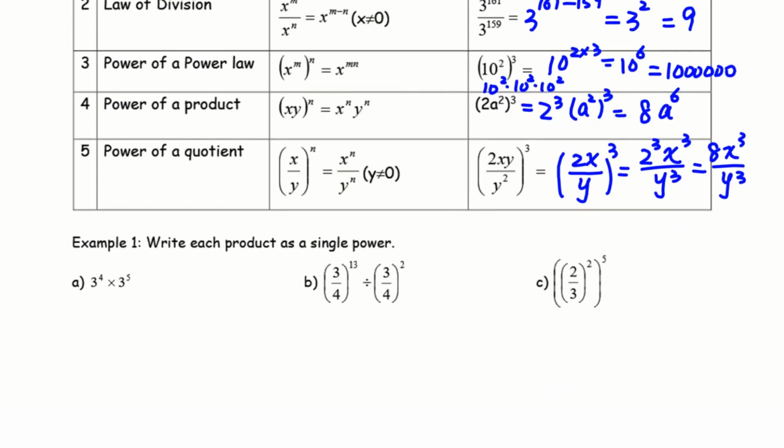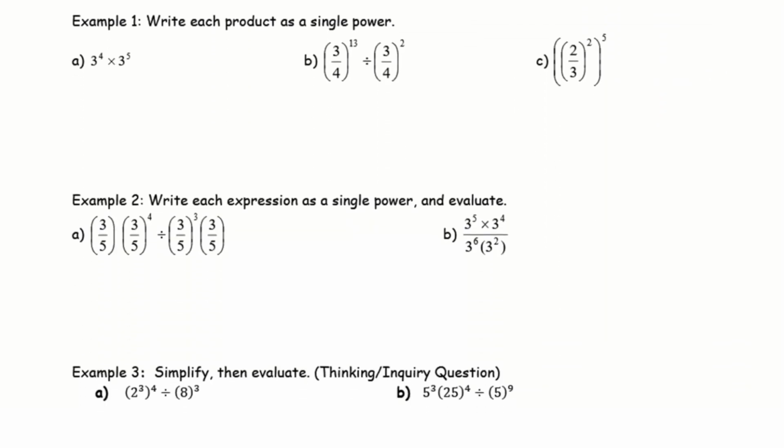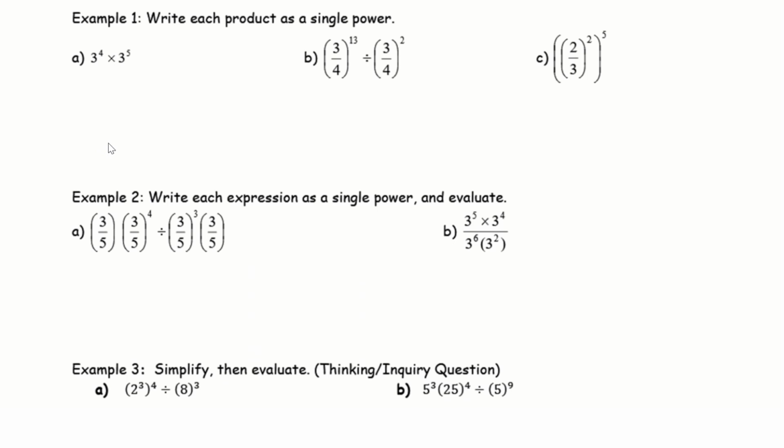Then we are going to apply those rules to these expressions. Write each product as a single power. Single power means one base and one exponent. For this one we have two powers multiplied together with the same base. Then we count how many 3s there are.